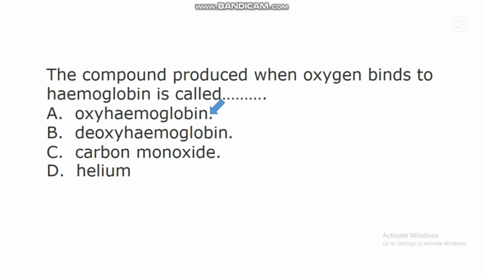Oxyhemoglobin is the compound produced when oxygen reacts with hemoglobin. Studies have shown that when oxygen diffuses into the blood, it will react with hemoglobin to form this compound known as oxyhemoglobin. So this oxyhemoglobin is the form in which oxygen is transported to various tissues in the body system.